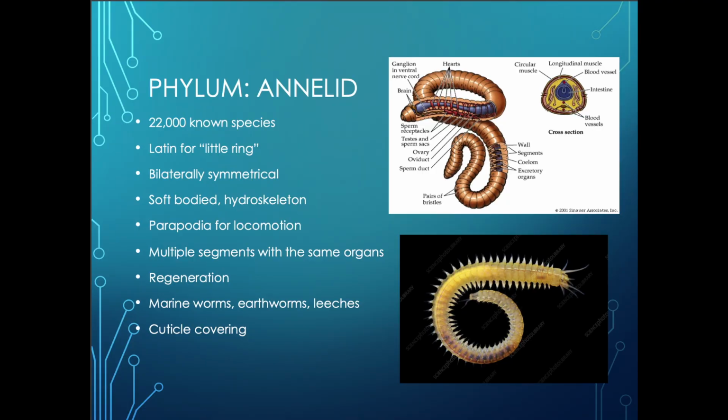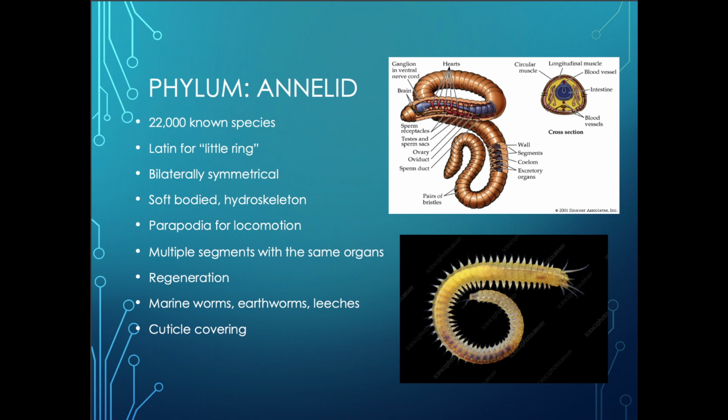So there are 22,000 known species of annelids. Again, it is Latin for little ring. So think of earthworms and leeches. I have a few examples that I'll show you pictures of. They have a bilateral symmetry, so they can be cut in half, but they are not radial. They do not have a radial symmetry. They have a bilateral symmetry. They are soft bodied.